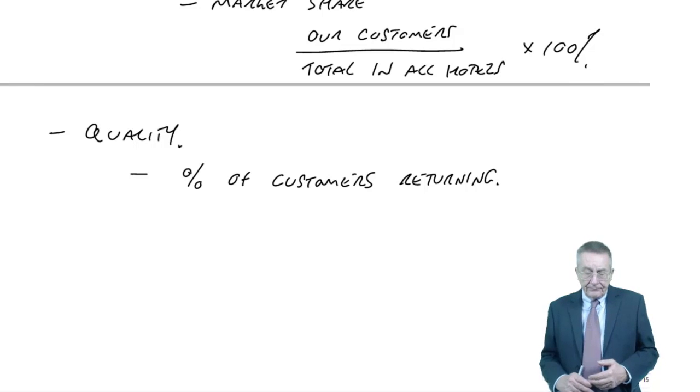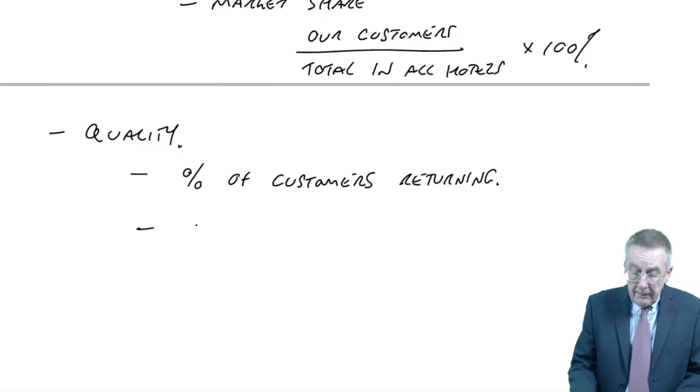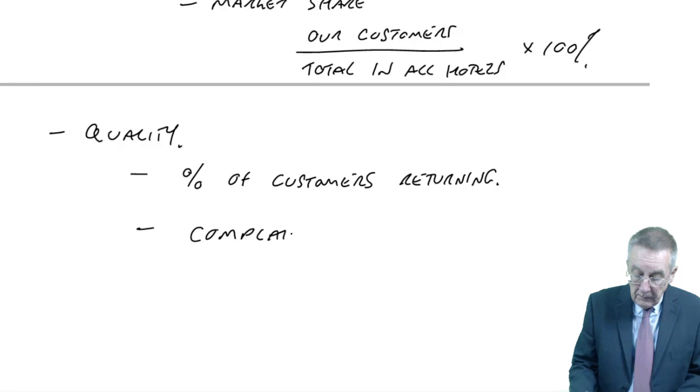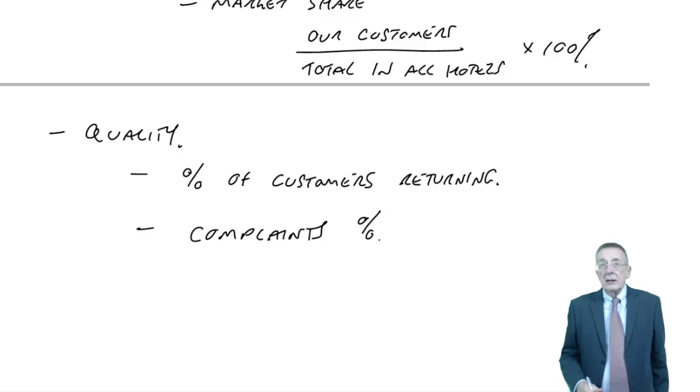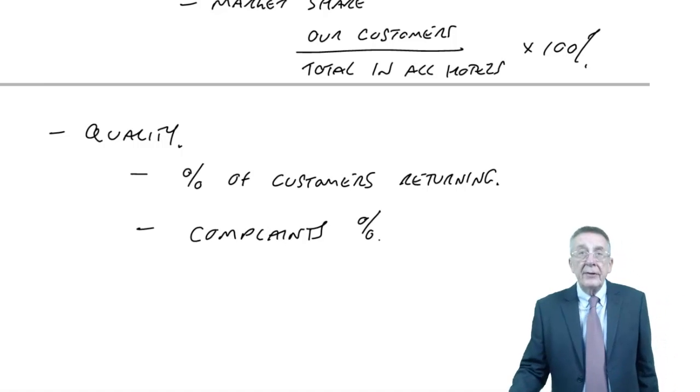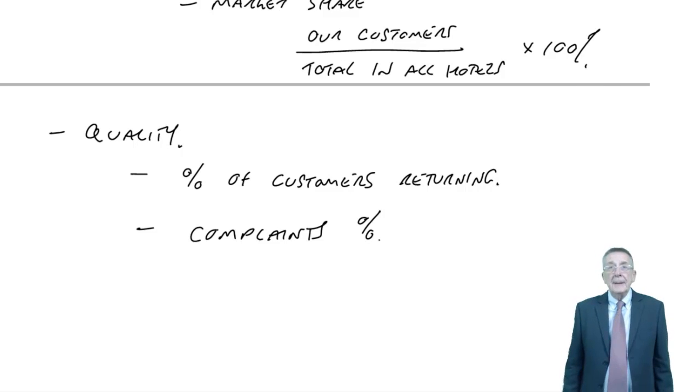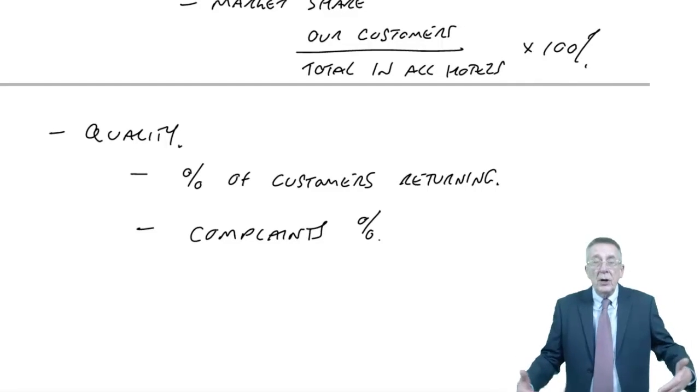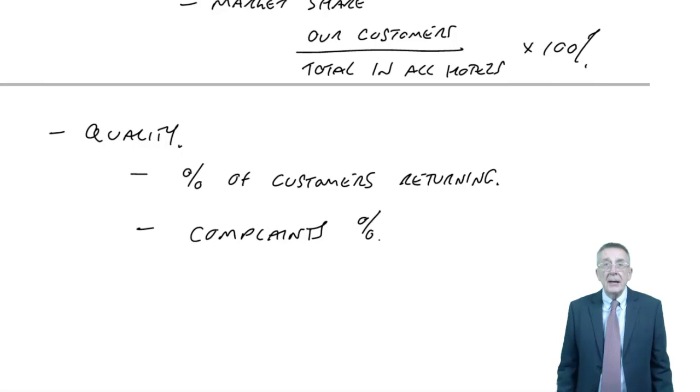What else could we measure? Percentage of complaints. Maybe we should keep a record of any complaints we receive. More complaints is a sign quality's gone worse. Less complaints is a sign it's got better.